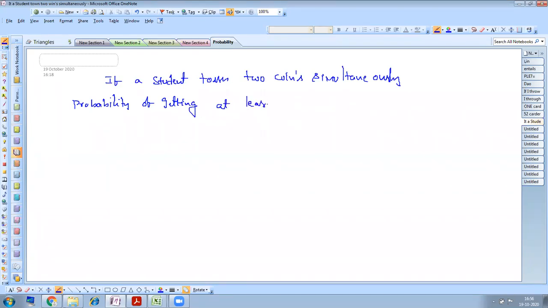At least one head. What is the meaning of this, guys? Can anyone identify the answer? There are two coins. If I toss two coins, what is the total sample space or total possible outcomes?